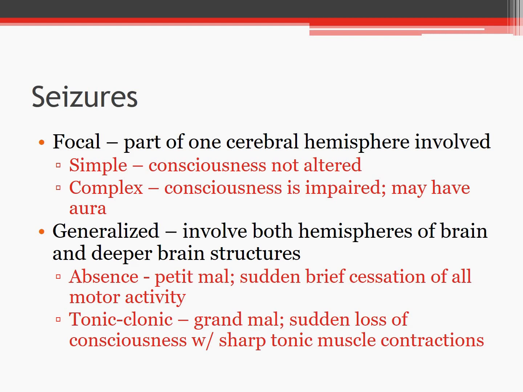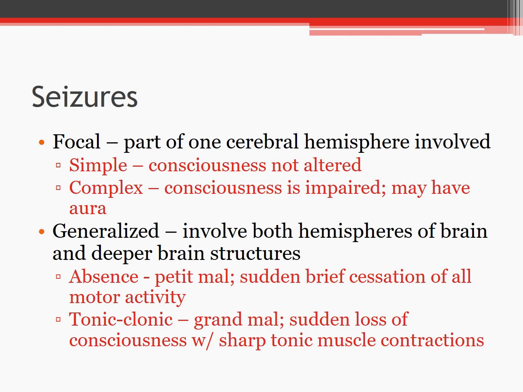When we look at generalized seizures, both hemispheres of the brain are involved, and this patient does experience a loss of consciousness. We have two types that we're going to look at.